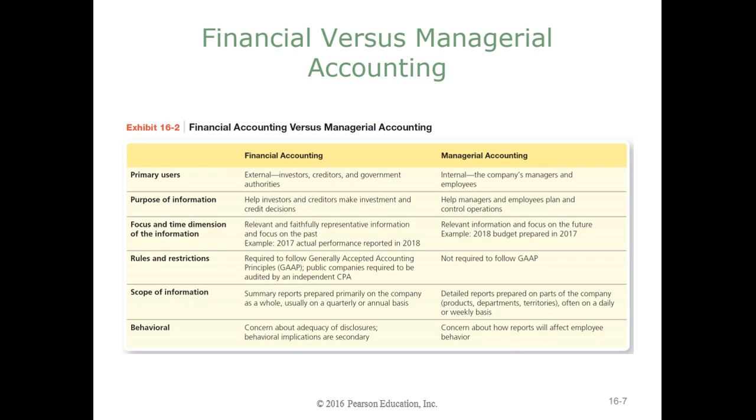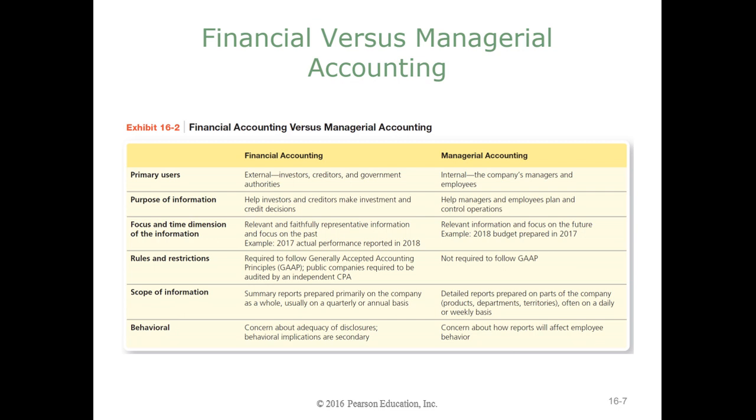Rules and restrictions. Financial accounting is required to follow generally accepted accounting principles, also known as GAAP. And public companies are required to be audited by an independent CPA. The scope of information. Summary reports are prepared primarily on the company as a whole, usually on a quarterly or annual basis.